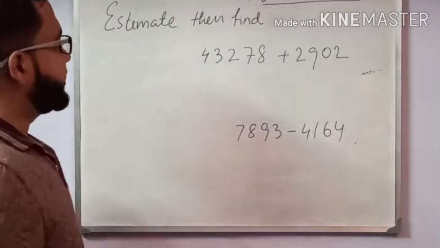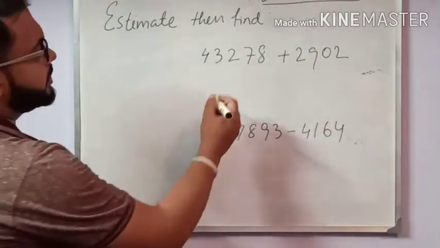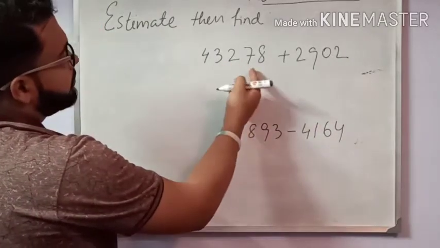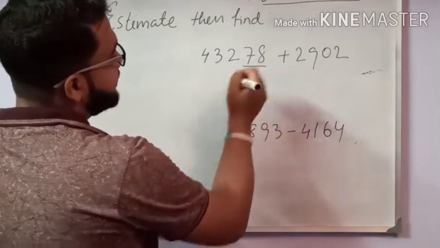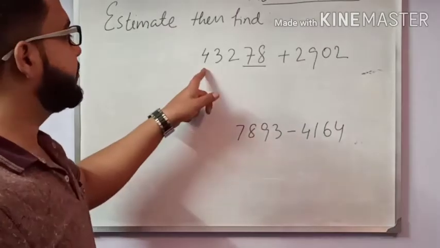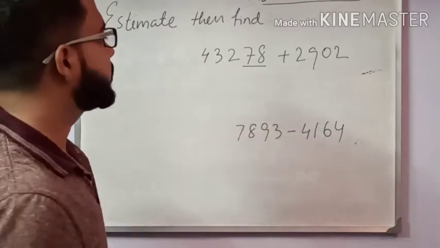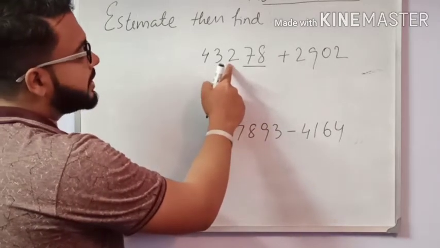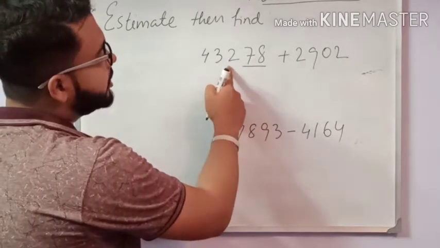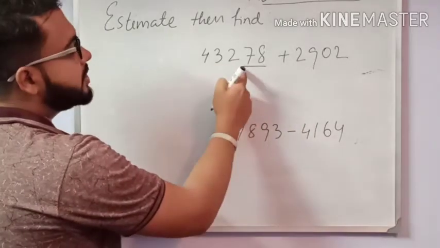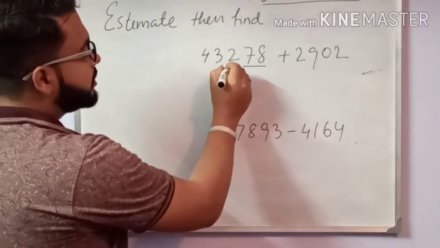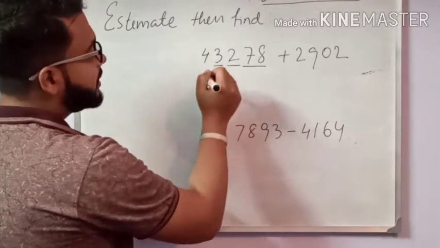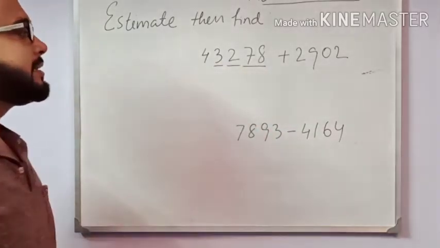What do we retain? If we round to the nearest 10, then we write 43280. Or if we round it off to the nearest 100, we write 43300.